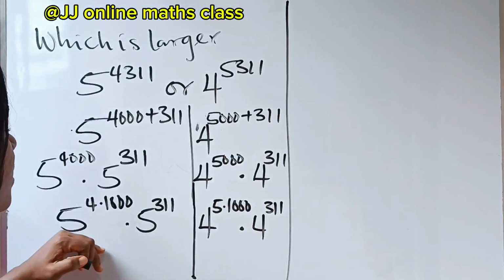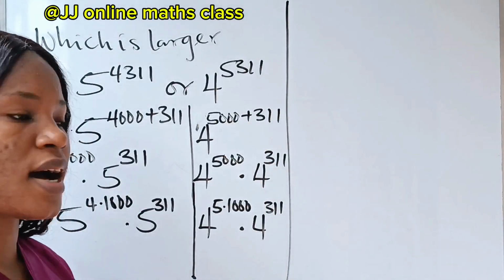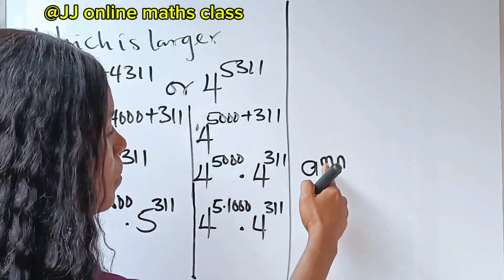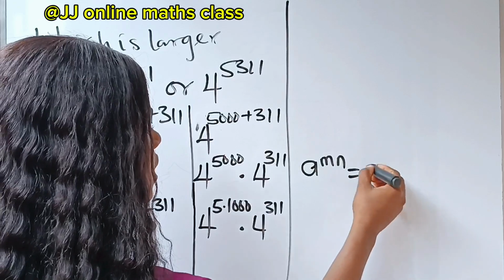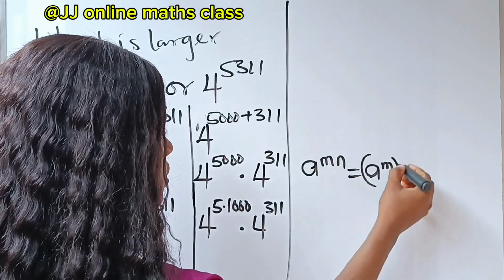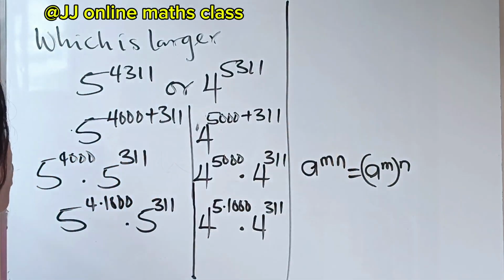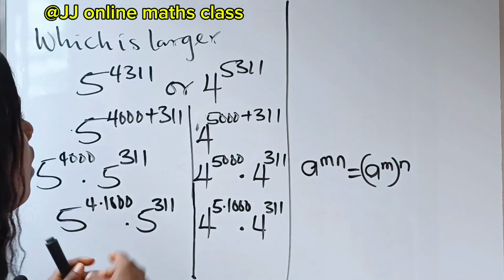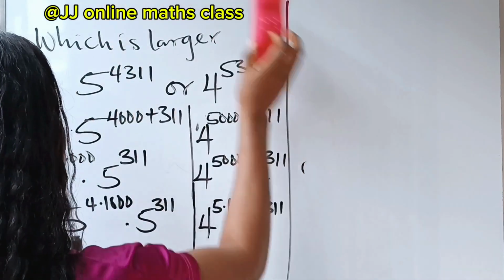Okay, so what can we do here? Recall that a to the power of mn, that is a raised to the power of m times n, is the same thing as a to the power of m, raised to the power of n. So that means I can bring one of these as a power of this. All right, so let's do that.